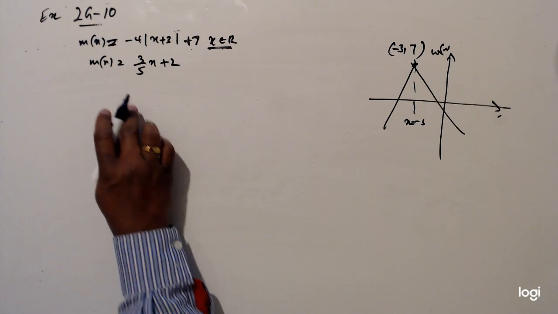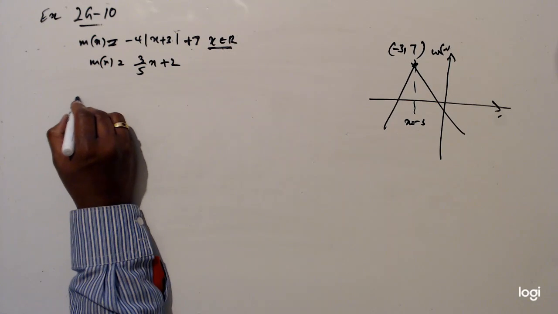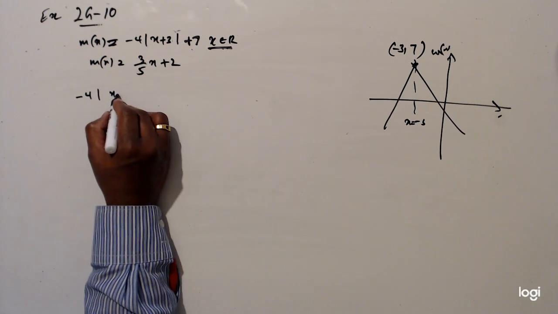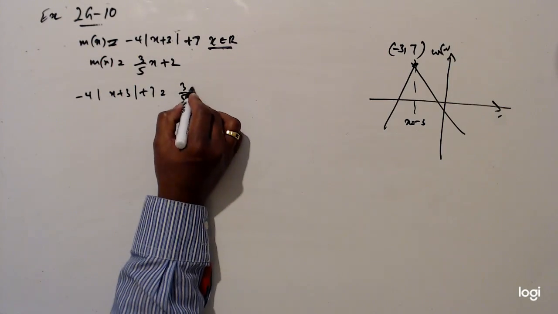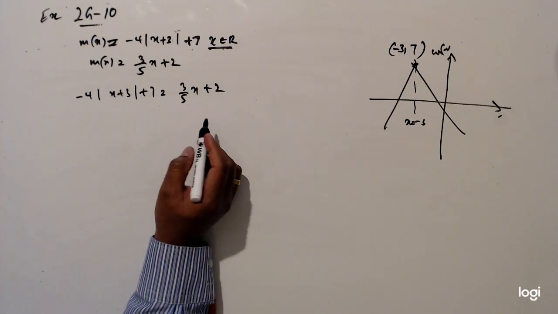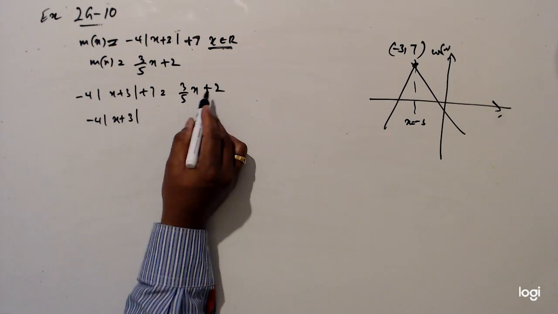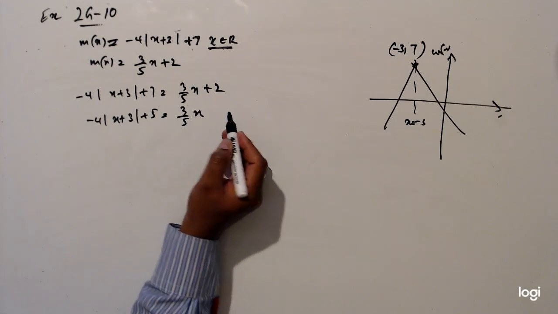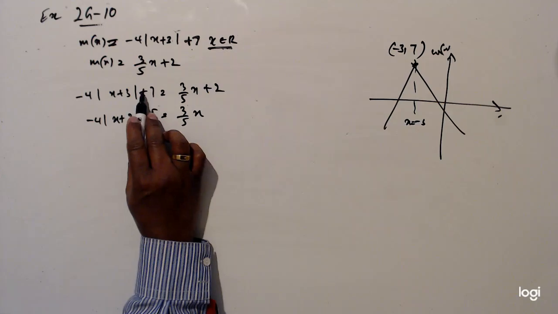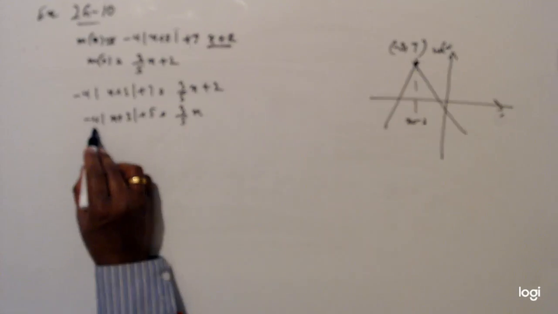The maximum value of the y value, or m(x), is 7. Part B, we have to solve these two equations as usual. So minus 4 |x plus 3| plus 7 equals 3 over 5 x plus 2. So minus 4 |x plus 3| equals 3 over 5 x, 7 minus 2 is 5, plus 3 over 5 x minus 5. Then multiply each term by 5.